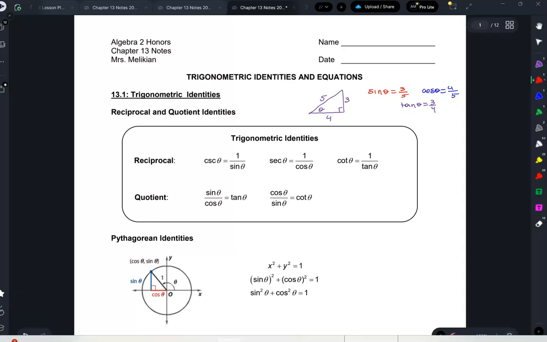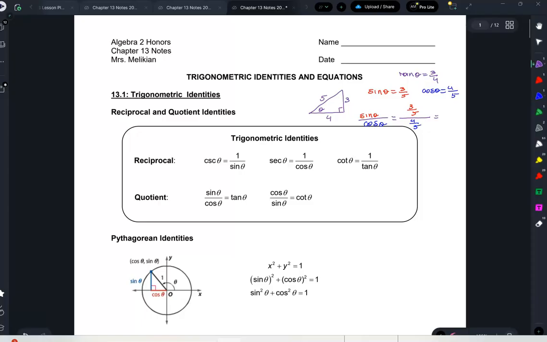So now, why don't I try sine theta over cosine theta equals, let me just write the tangent over here. So now this is equal to, sine of theta is 3 over 5, cosine of theta is 4 over 5.